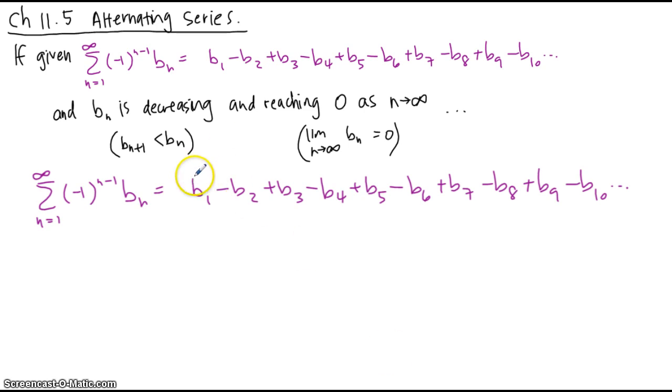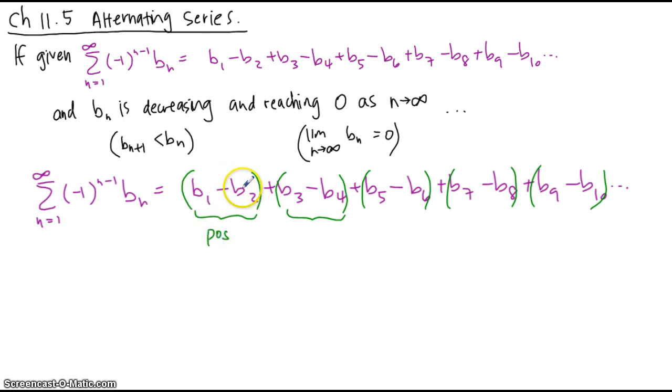When we have such a series here, b1, remember each of these terms are decreasing. The absolute value is decreasing. Take a look at what happens when I start grouping them together, something that looks like this. What can you conclude about each of these? Well, within each parentheses, b1 minus b2 is going to be a positive number because b2 is smaller than b1.